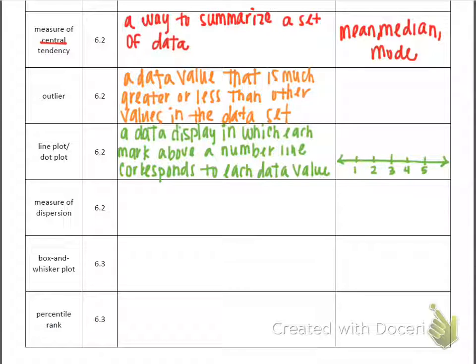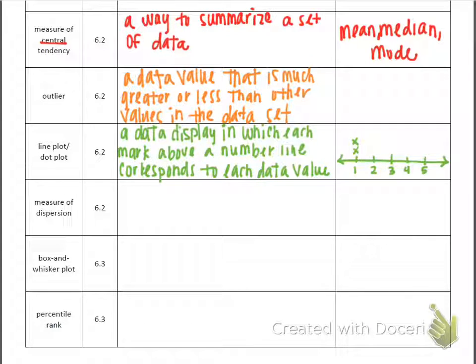And then for each time that data value occurs, you put either a dot or an X above that value. So let's say, I don't even know what this could be measuring. This could be measuring the number of pieces of candy that you ate today. So let's say 2 of you only ate 1 piece of candy.